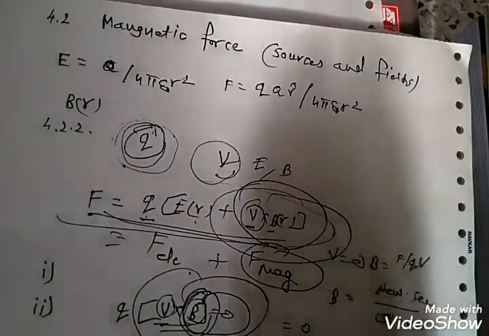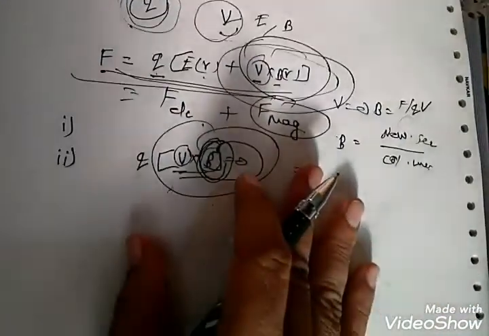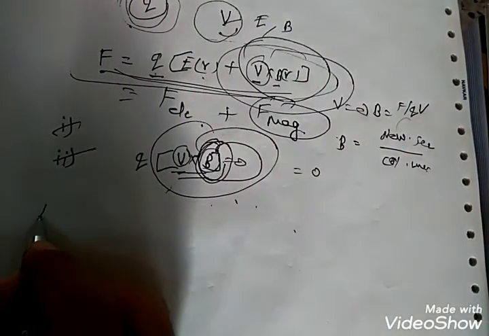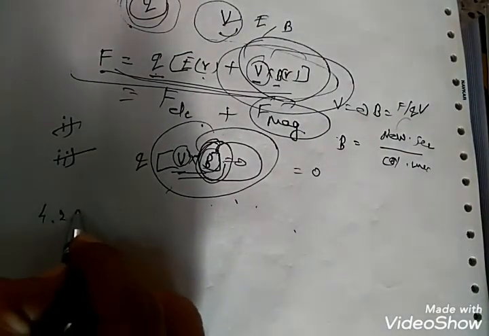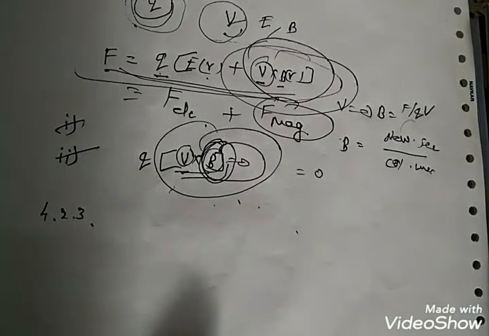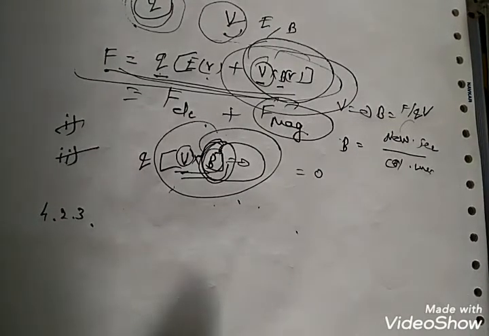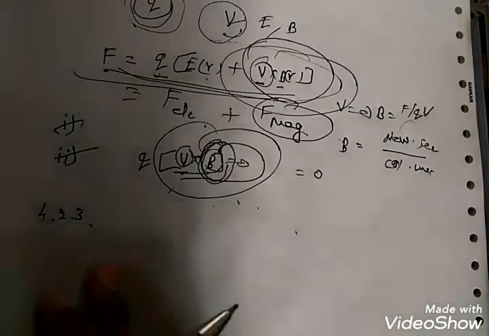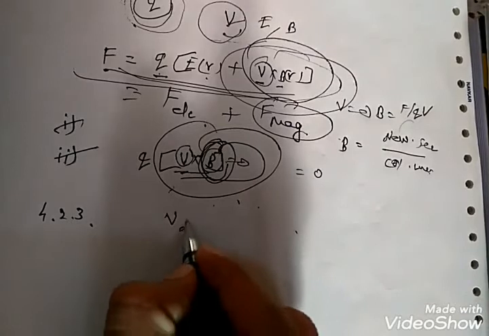Now the next point, the third point, is 4.2.3 magnetic force on a current carrying conductor. We already discussed the drift velocity vd.